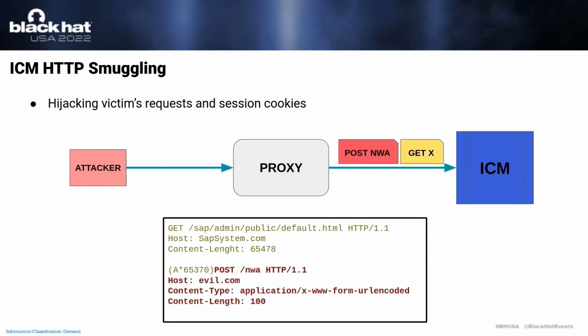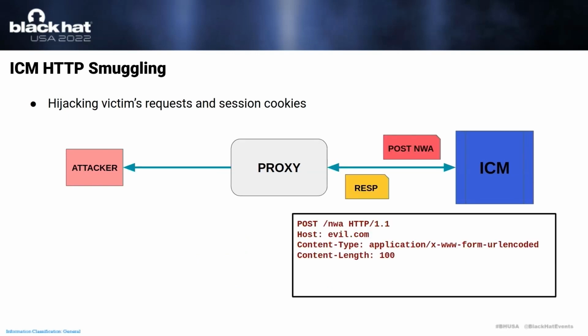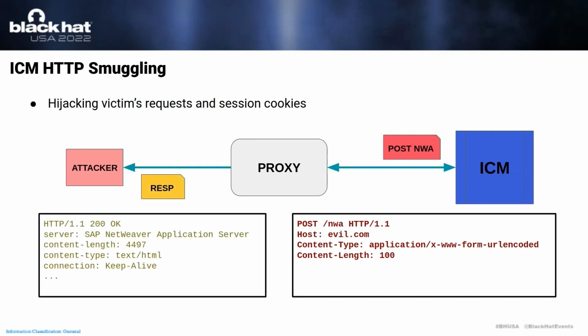When this reaches the ICM, it will be split, as we already saw, and the first part will be resolved by the internal handler, and the response will be sent back to the attacker. But the rest will be stored in the ICM, because in this case, the content length states that there should be 100 bytes in the body, but we can choose any amount of bytes we want. But as you can see, there is no body, so it will wait for more data.